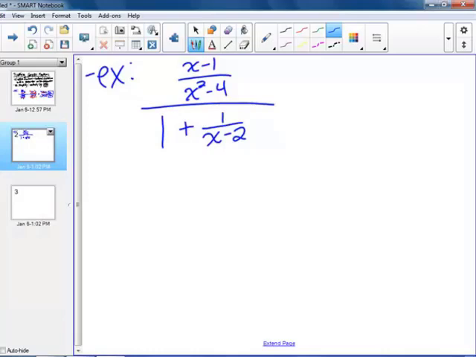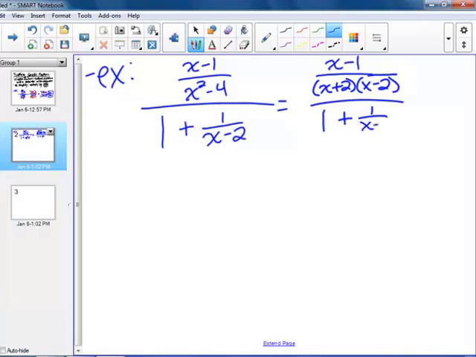When I look at this, I'm probably going to have to do something in the denominator first. That x squared minus 4, I can factor. When you see that, a little flashing red light should go off, that I can break this into x plus 2 times x minus 2, over 1 plus 1 over x minus 2. Now I'm going to find my least common denominator.